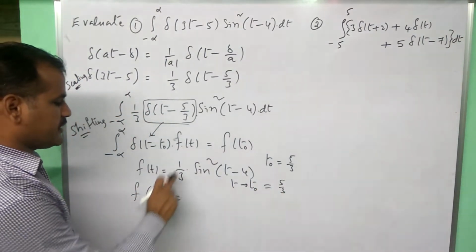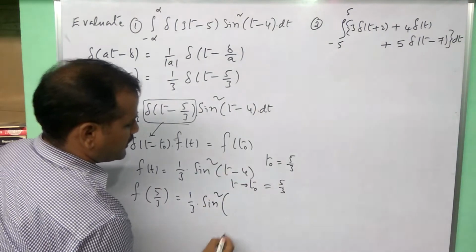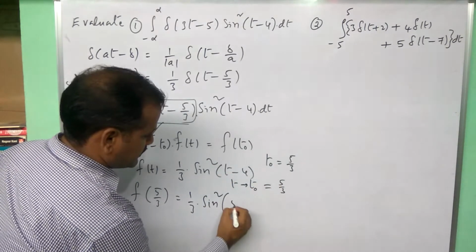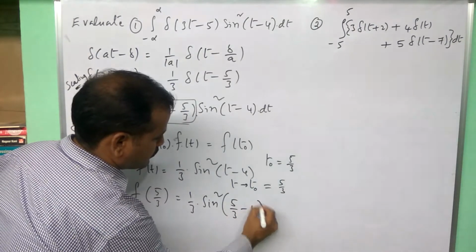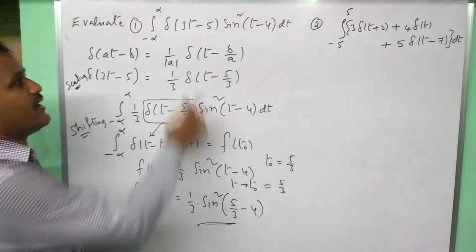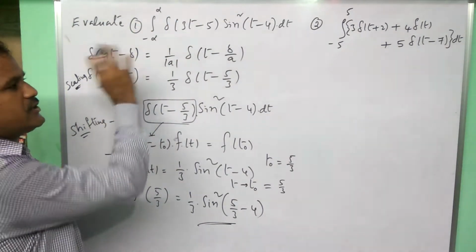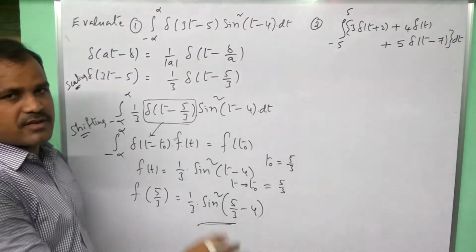So f of 5 by 3 is 1 by 3 sine square of 5 by 3 minus 4. This is the final expression we get after evaluating the total integral using the impulse signal properties, scaling and shifting. We can simplify this one based on the options.